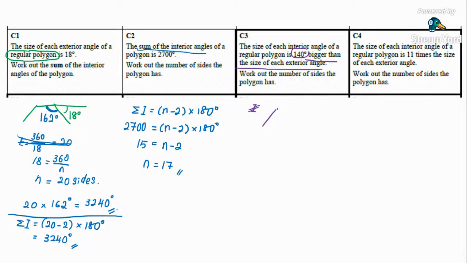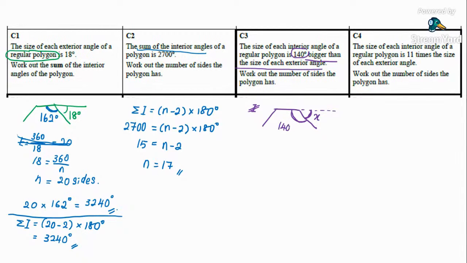So I will draw a dummy polygon. I know that this is the exterior angle, so I will put it as x because I don't know the value. The interior angle is 140 degrees bigger than the size of the exterior angle. When we see the word bigger, it means we add.